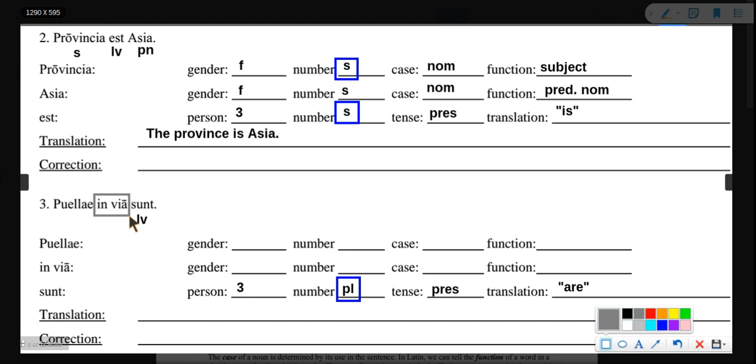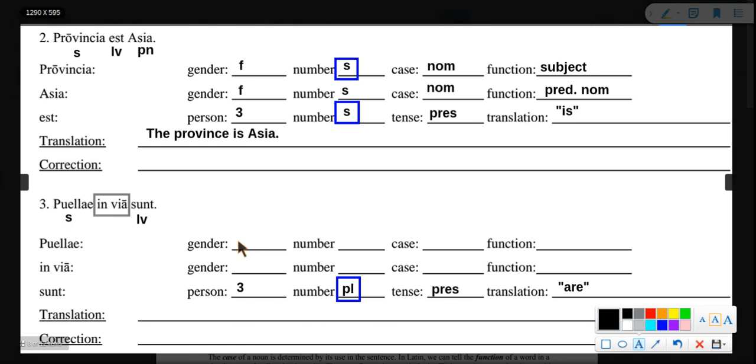So anything in that prepositional phrase, whether it be the object of your preposition or something else is never going to be in the running for your main functions in a sentence. So here we have in via as our prepositional phrase. So we know that will not be our subject, which leaves only puellae to be our subject.